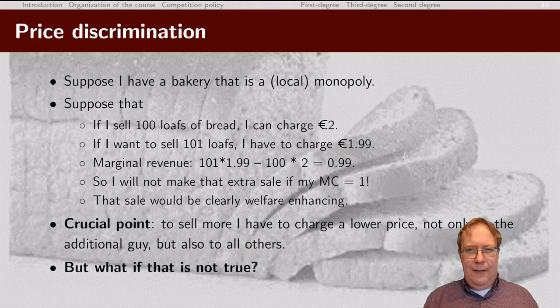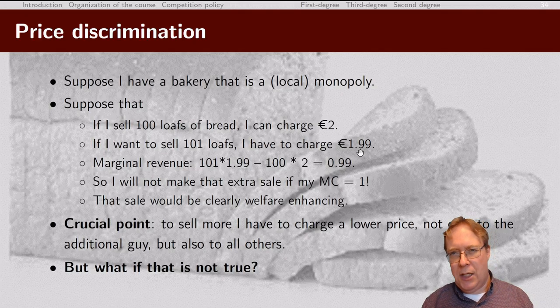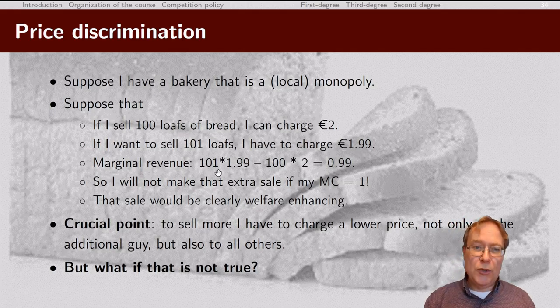And so what is the crucial reason why it's not worthwhile for the monopolist to do that? Well, if it wants to sell this additional loaf of bread, it has to lower its price, but that implies that the price will also be lower for the first 100 people.